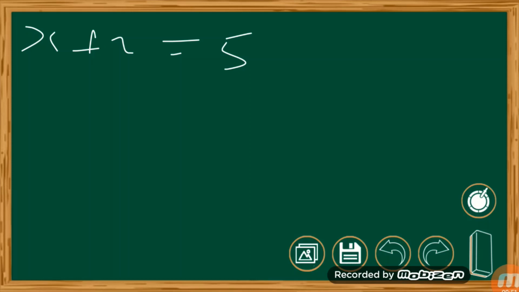Now to the procedure. Since we have x plus 2 equal 5 and we want to determine the value of x, what we need to do is to subtract 2 from both sides. So I'm going to subtract 2 from this side. I'm also going to subtract 2 from this side.